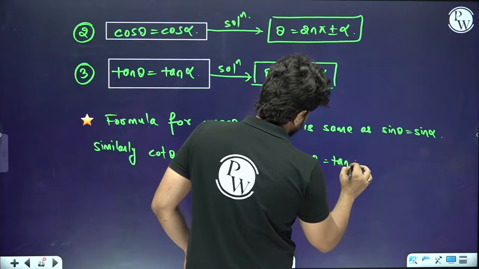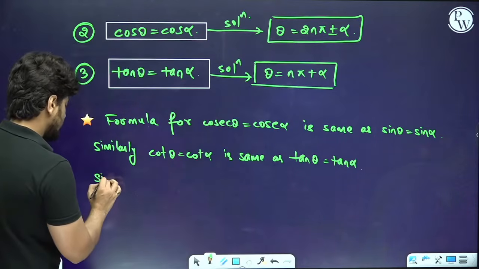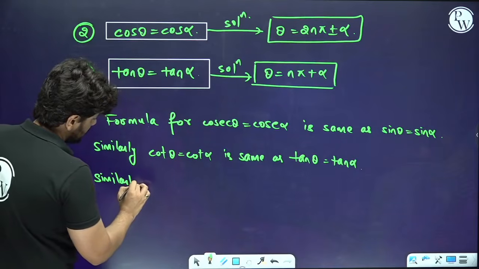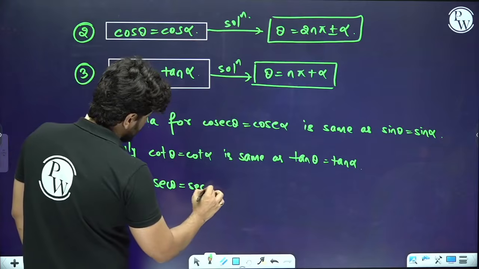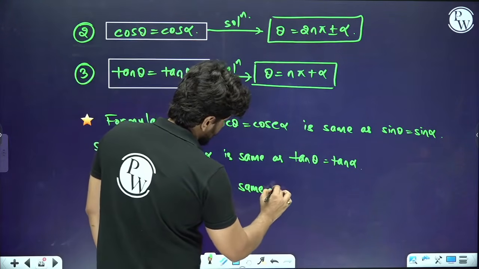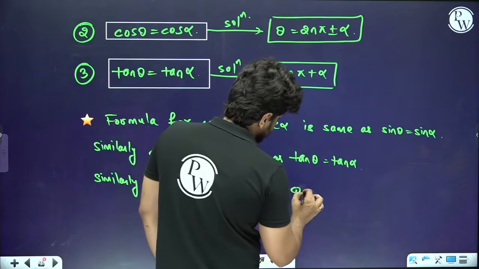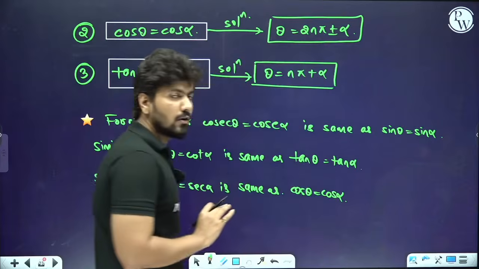In a similar way, formula for sec theta is equal to sec alpha is same as cos theta is equal to cos alpha. So write down the formulas, that's it. For now, just write down the formula.